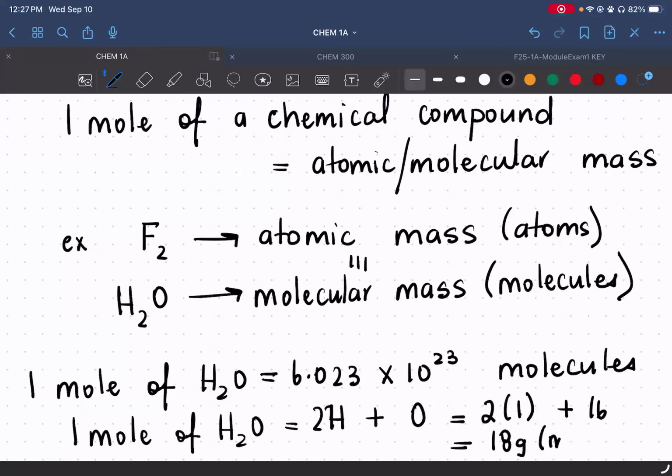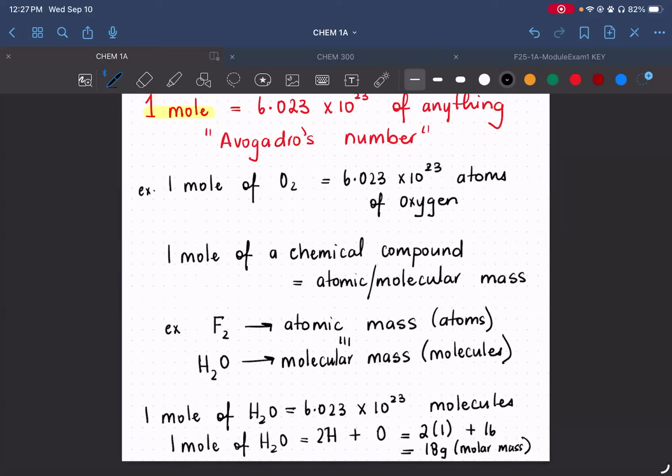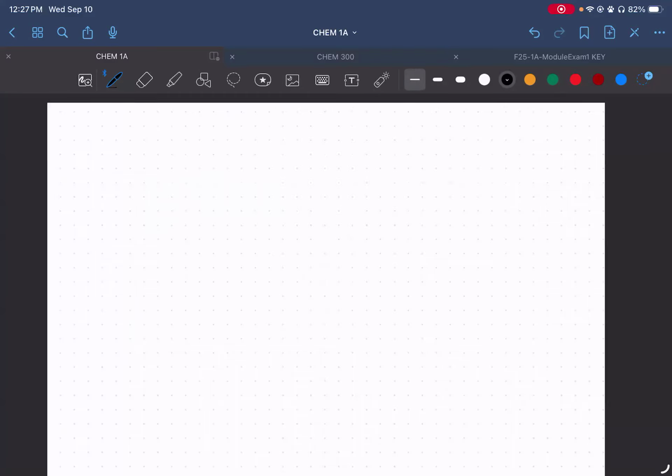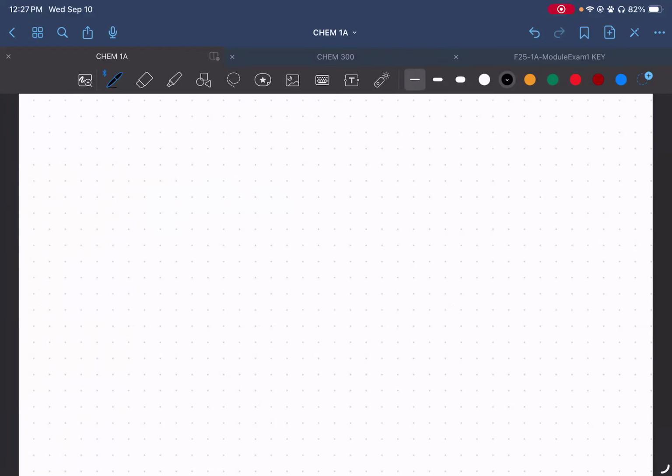This is what's known as the molar mass. It is the mass of 1 mole. Here's what the big implication is. 1 mole of anything, let me put this in the center actually, is equal to Avogadro's number, 6.023 times 10 to the 23.